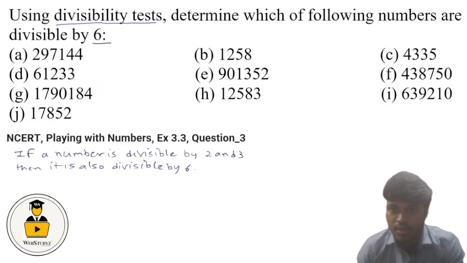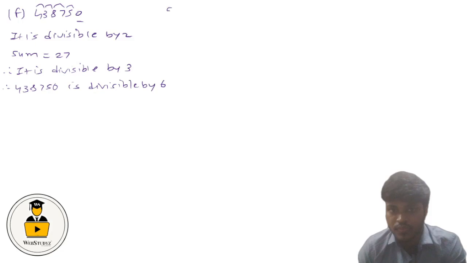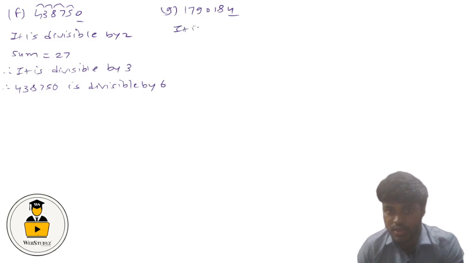Then let us consider the next one. It is 1790184. Since the last digit is 4, we can say that it is divisible by 2.